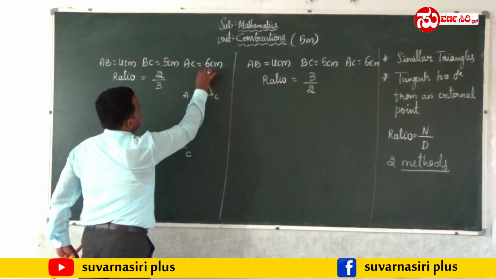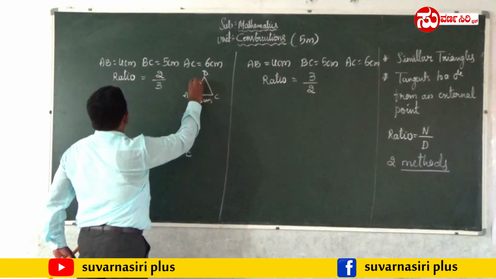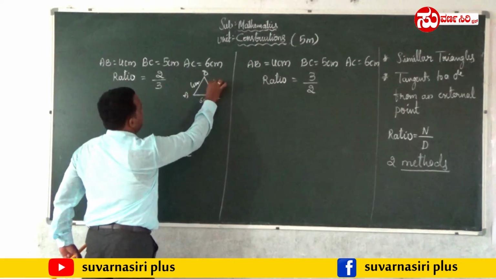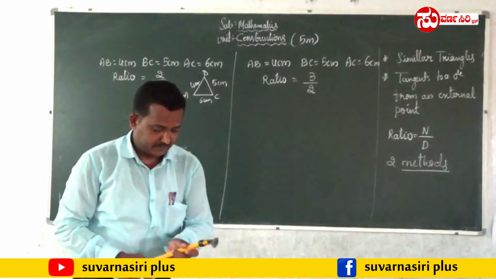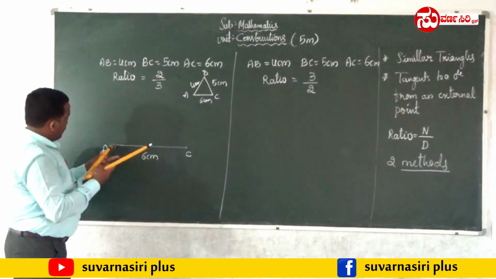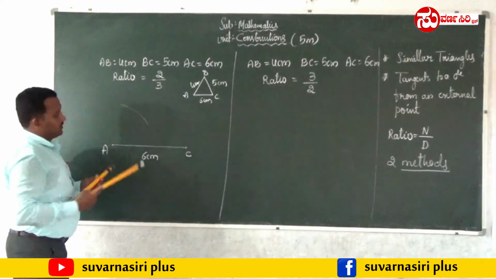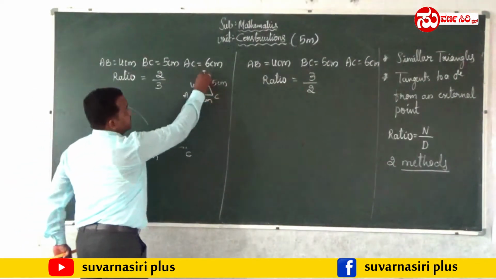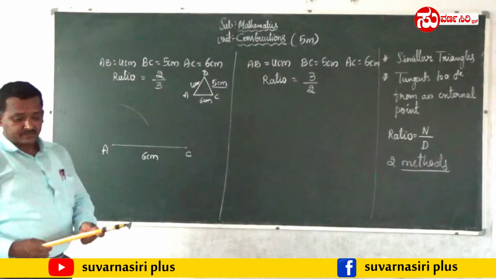AC is 6, AB is 4 centimeter and this is 5 centimeter. Take a measurement of 4 centimeter and cut an arc, and take a measurement of 5 centimeter, that is BC, and cut an arc.